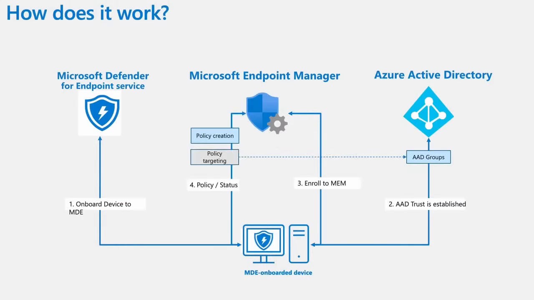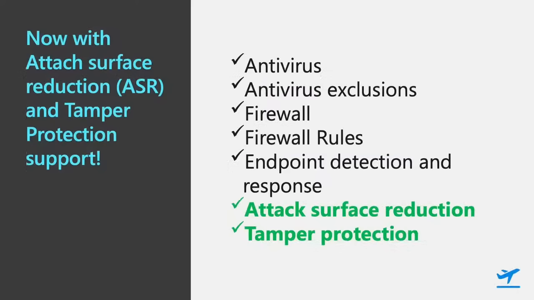This identity enables Intune to distribute those policies that are targeted to the devices when they check in. Defender for Endpoint reports the status of the policy back to Endpoint Manager. We're continuing to build upon the level of support for security configurations that support this. Attack surface reduction and tamper protection are next to be added to that list, and we'll continue to add more of the security stack. And now over to Asavri.